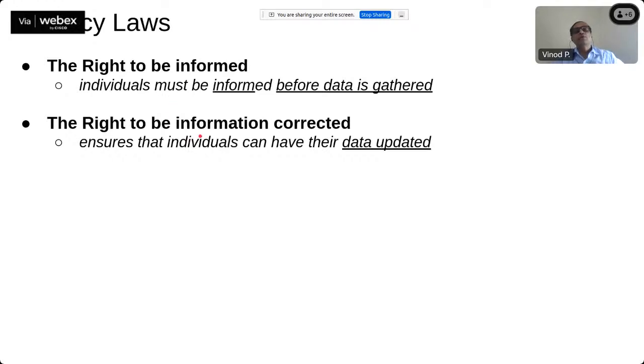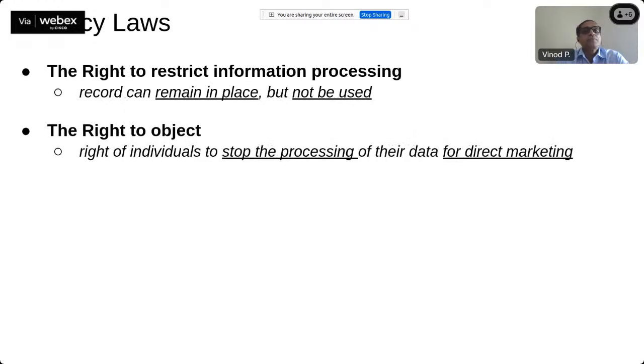The next one is right to have information corrected, which means every individual should have the freedom for their data to be modified, altered, or updated whenever needed. For example, I change my workplace, I change my address. I should have full freedom to update my data if some business organization is using it.